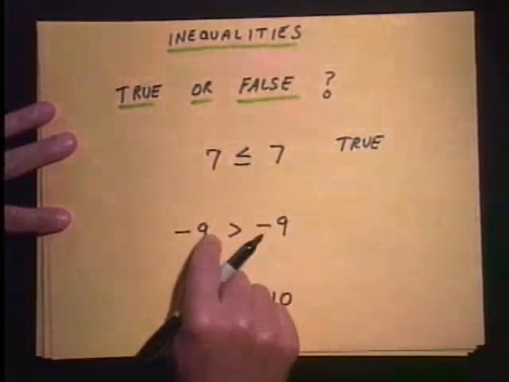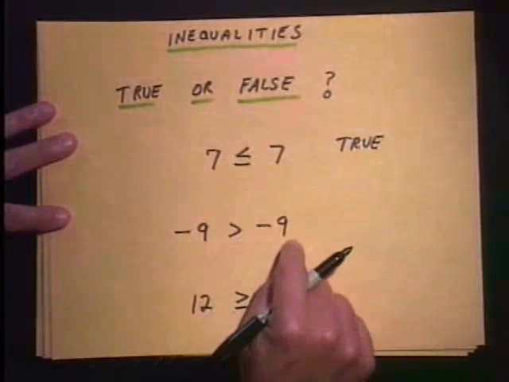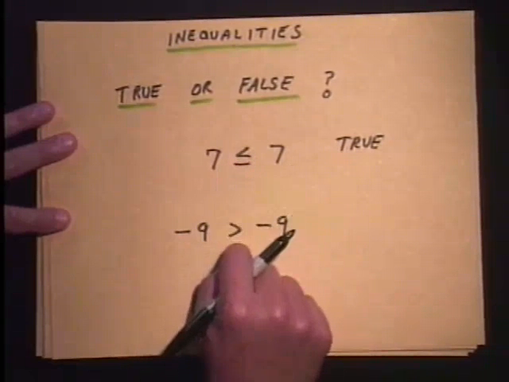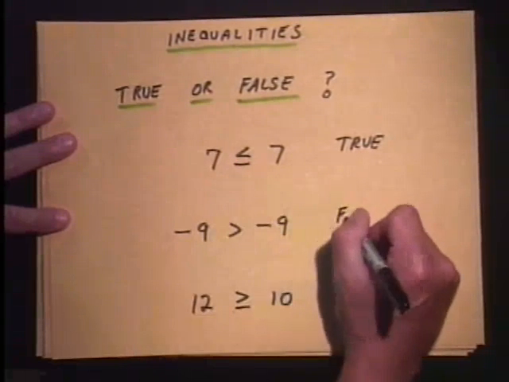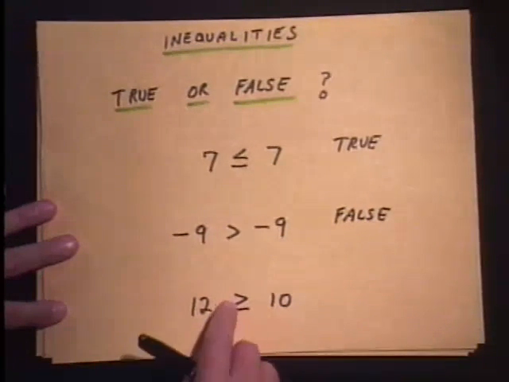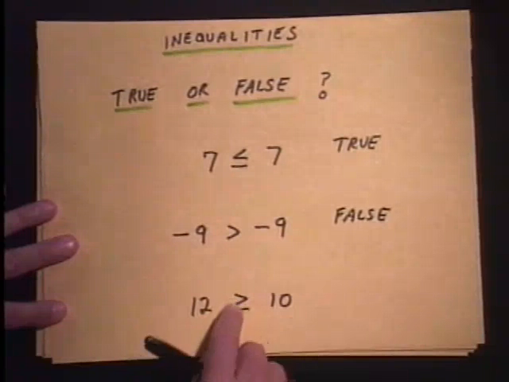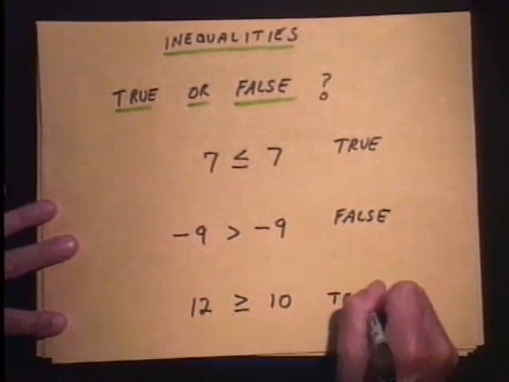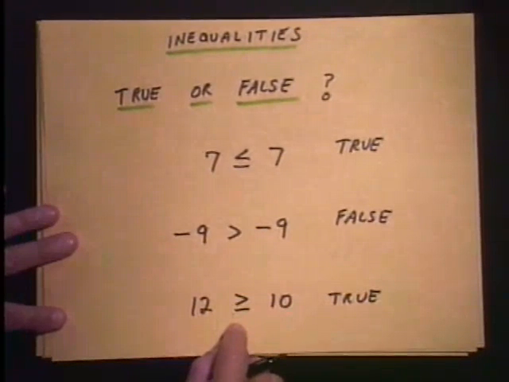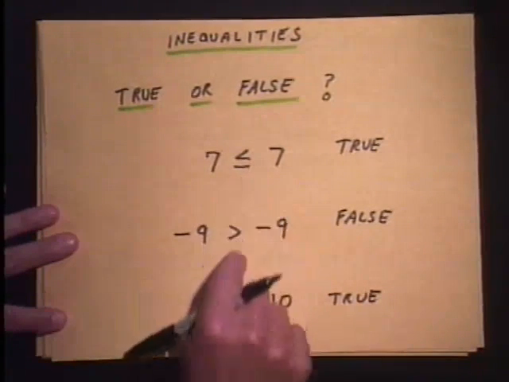Over on this one though, check it out, negative 9 is greater than itself without that equal sign in here, and I wanted to show that's how these two are different. False. All right. How about 12 is greater than or equal to 10? Well, it's greater than, so yes, true. So on the ones with the equals to, it could be one or it could be the other. So make a note of how these symbols are different.